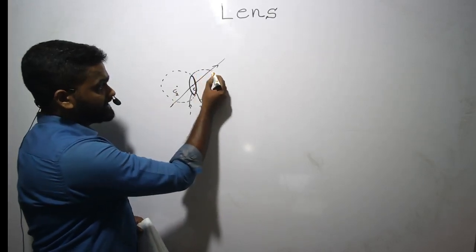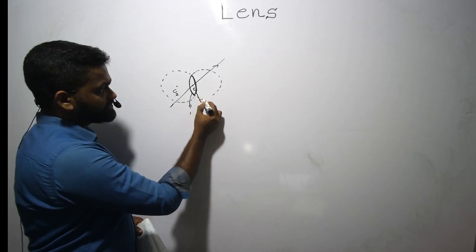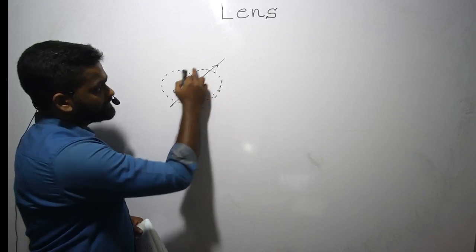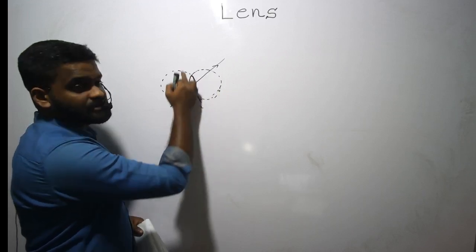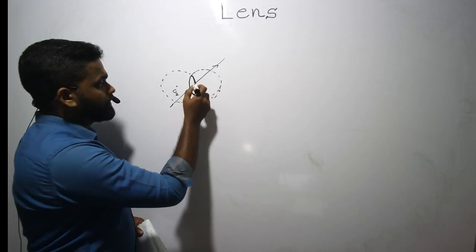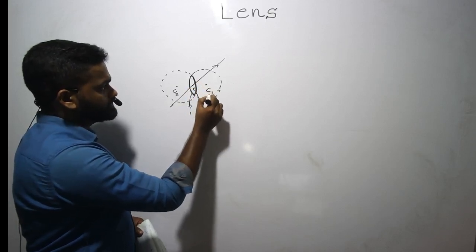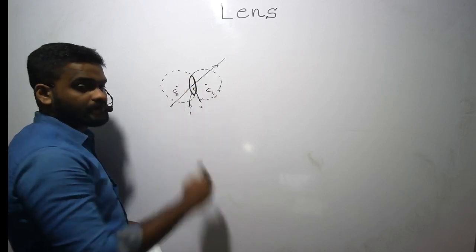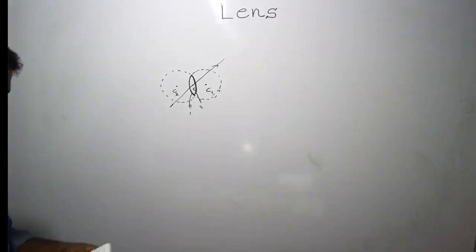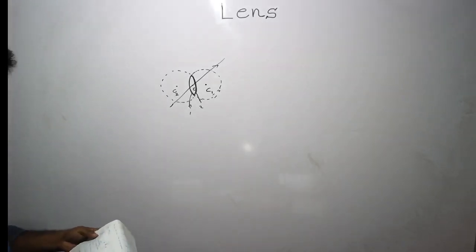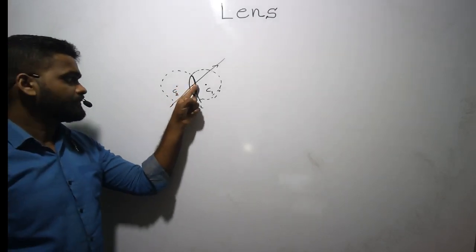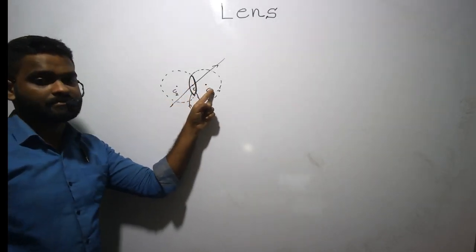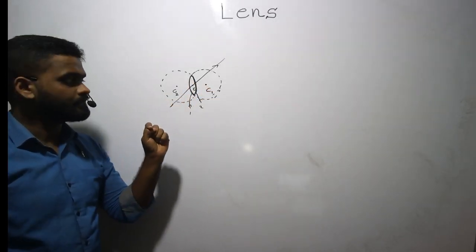Then you can extend the second curved surface. Then you can get the center of that curvature, we can call that C1, right? So you can see C2 is here, C1 is here, okay?